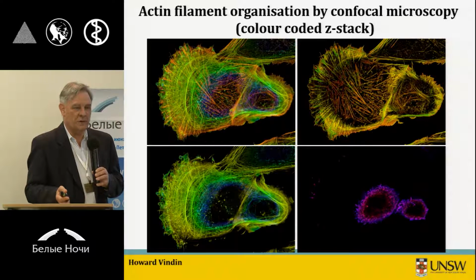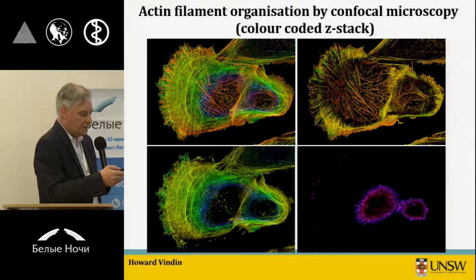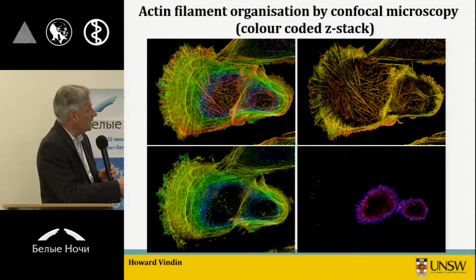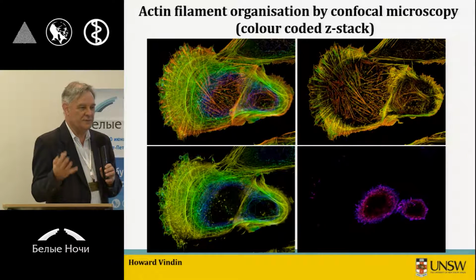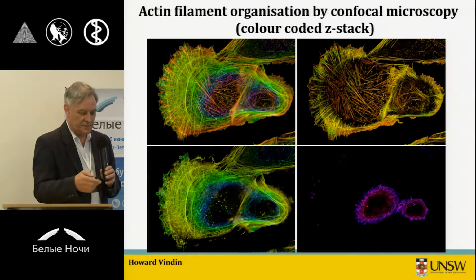Inside the cells of your body, all cells have an actin cytoskeleton. Using advanced microscopy, here is a color-coded Z-stack of a neuroblastoma, and what I want you to understand is the cytoplasm is filled with actin filaments.